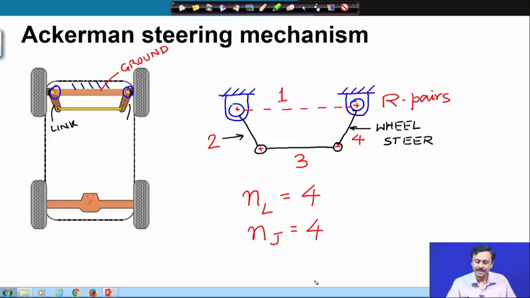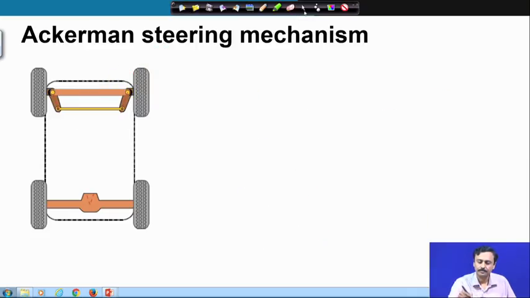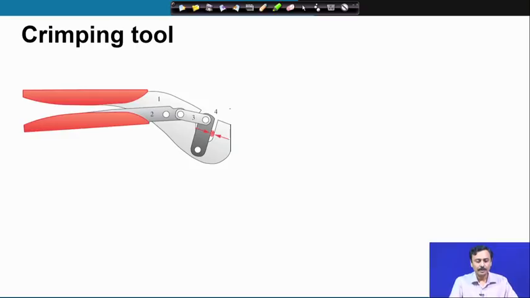So, this is the kinematic diagram of the Ackerman steering mechanism. So, let us move on.